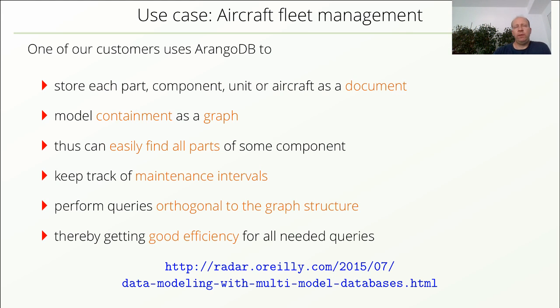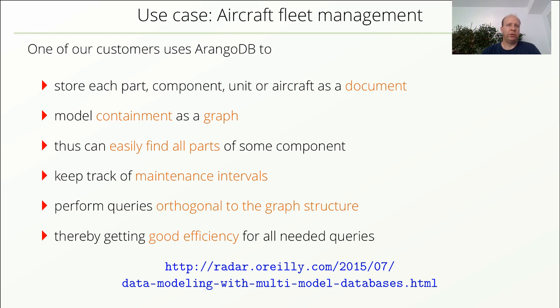The thing people were struggling with in this use case was that a lot of different queries came up in the project. Just to say a few, for example, it was necessary to find all the little parts which are in one component. What do you do in this model? Well, you take this tree of things and you just do a graph traversal downwards to enumerate all parts which are contained in one component.